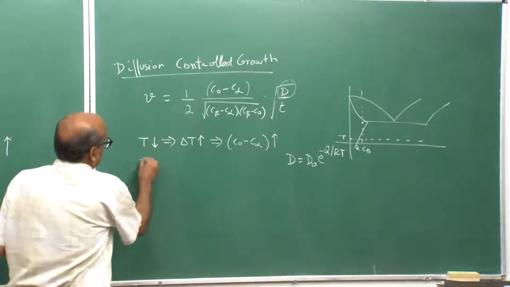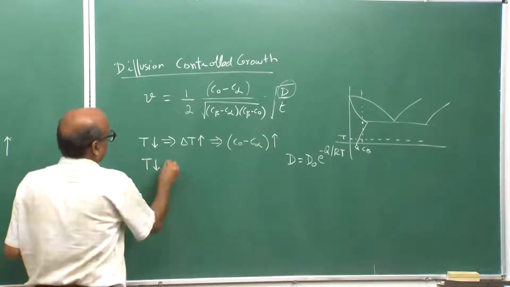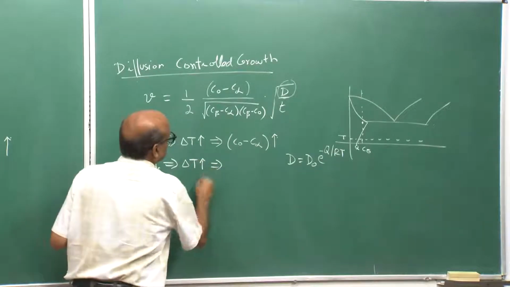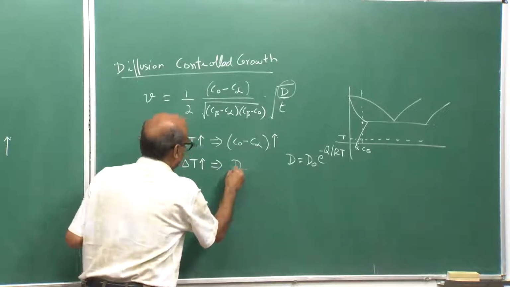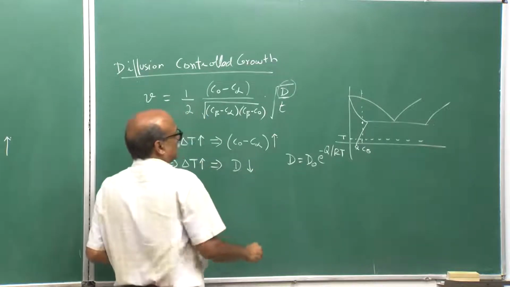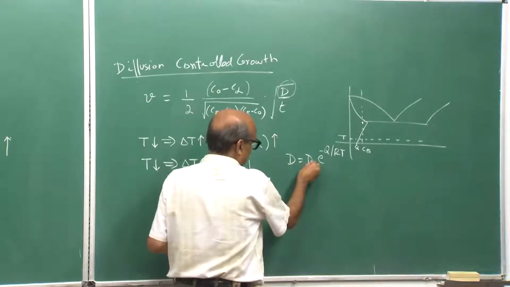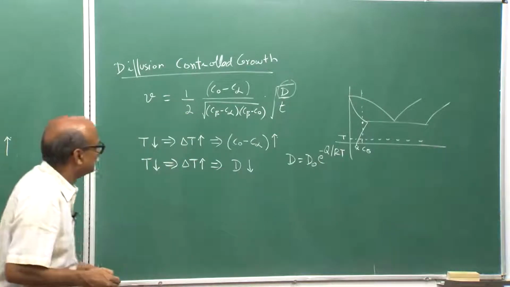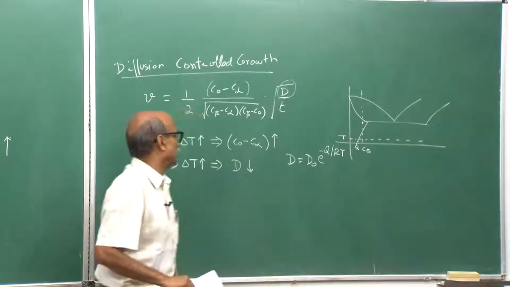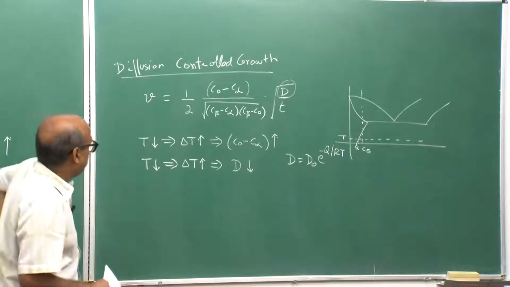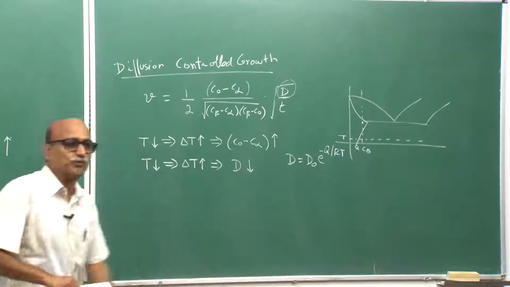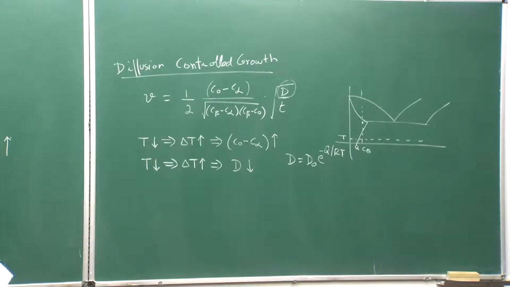And if temperature of transformation is reduced or the undercooling is increased, this would result in the diffusion coefficient reducing.